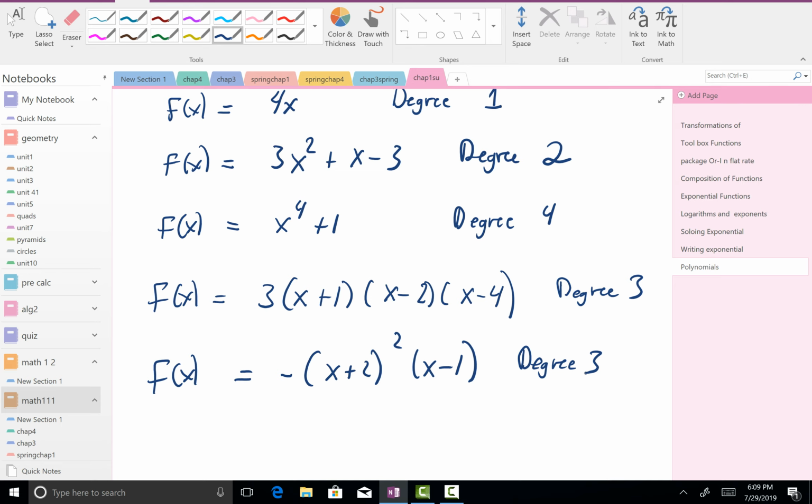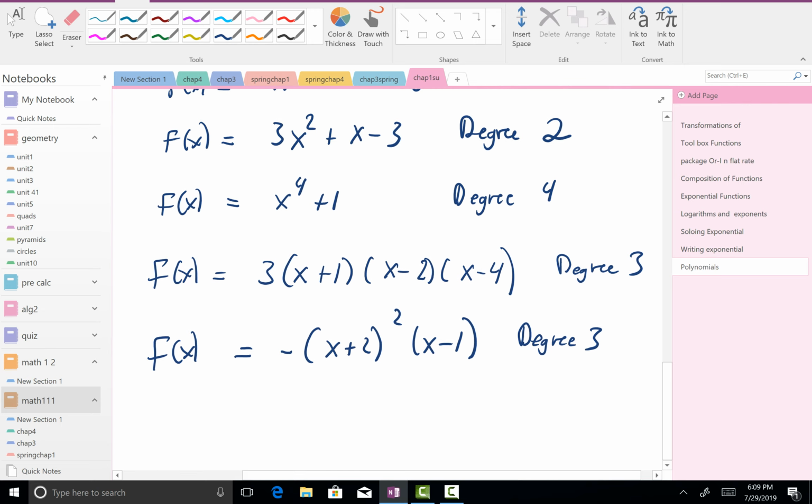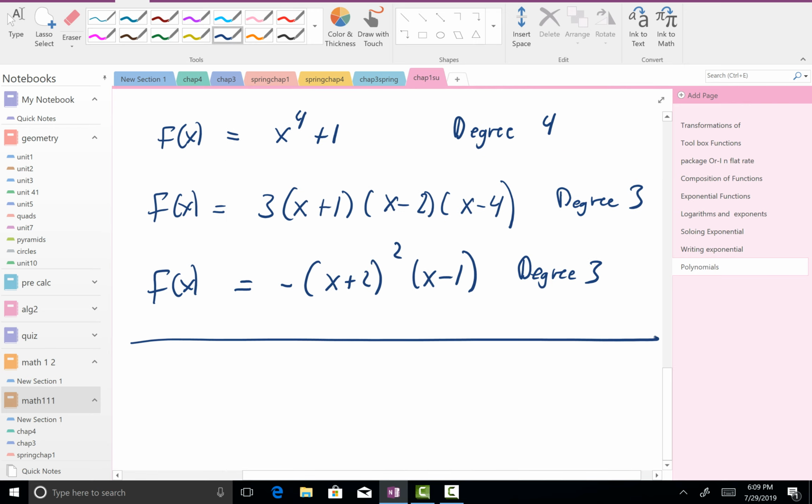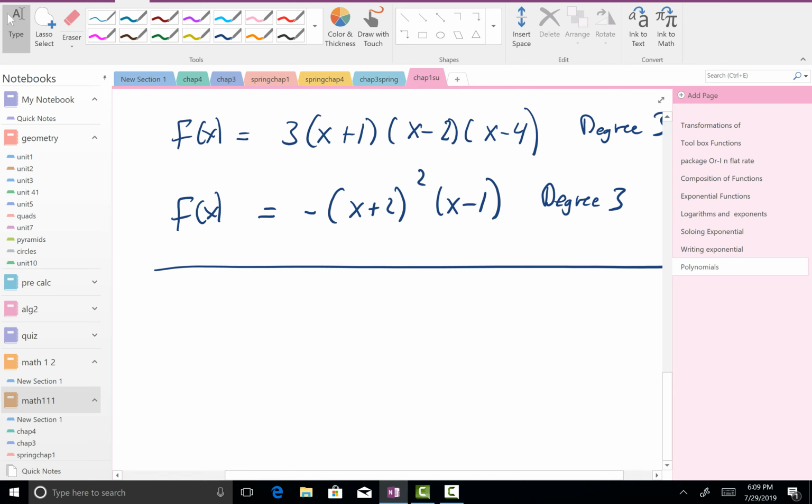So that's the degree. Now, let's do this then. What we're going to do is we're going to graph some of these. Okay? So I'm going to give you something to graph. I'm going to have you graph them in factored form first. So we're going to graph these. So go ahead and get Desmos fired up if you haven't got it already.